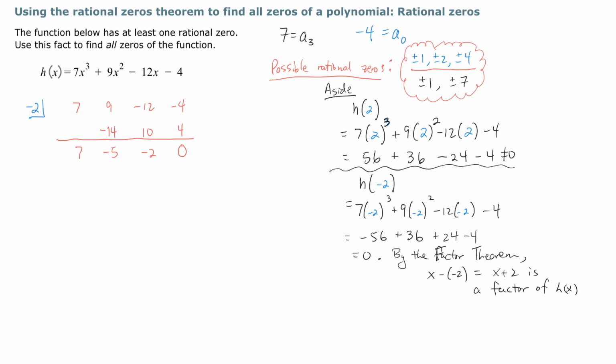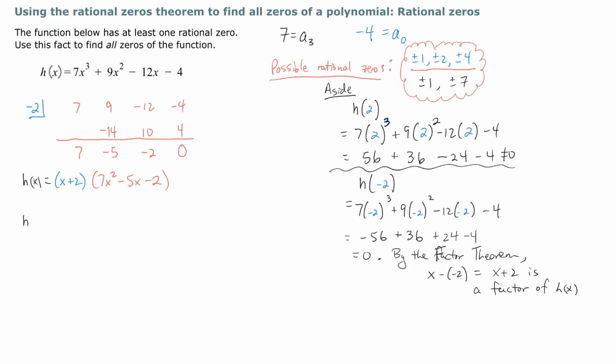Now, this tells us a lot about h of x. h of x is now equal to the quantity x plus 2 multiplied by 7x squared minus 5x minus 2. And can we factor this?